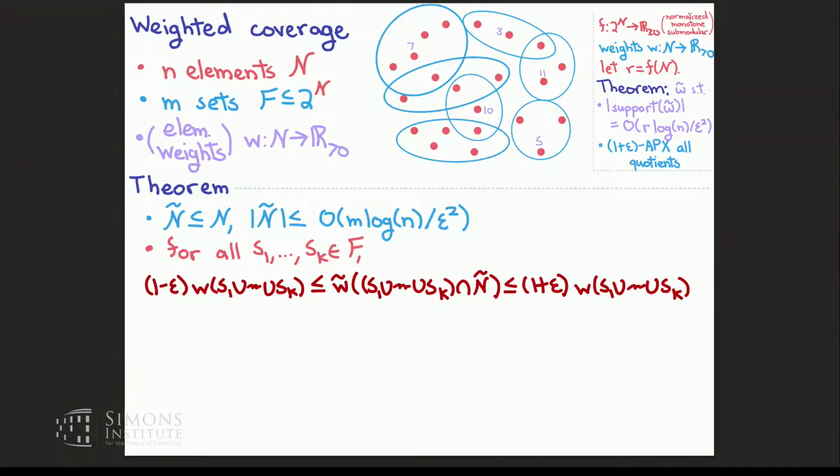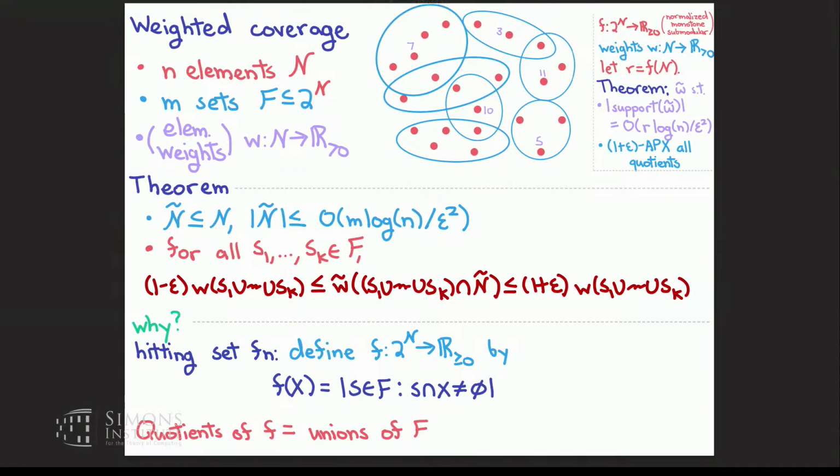Okay, so it's a little notation heavy, but this is the weight of some union of sets. And this is the reweighted union intersected with our subsample. I won't do the thing like before.